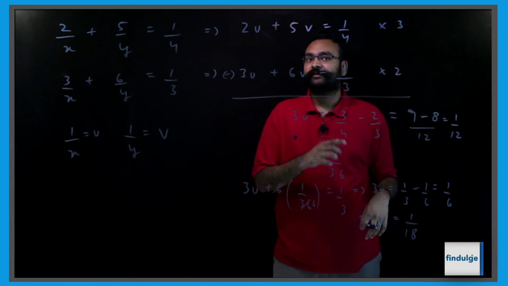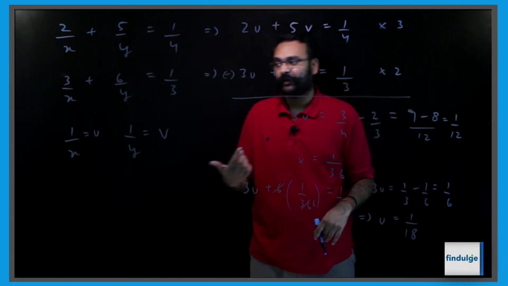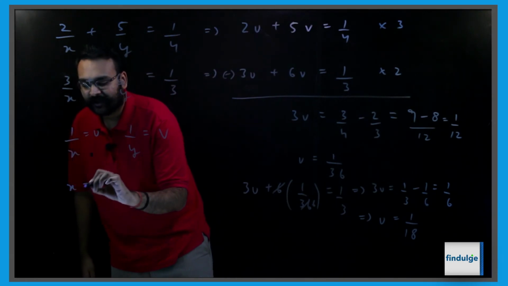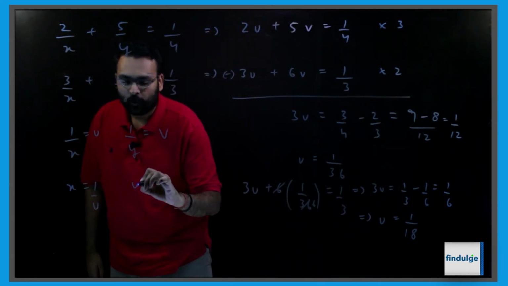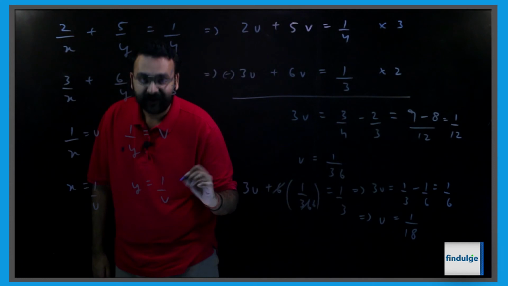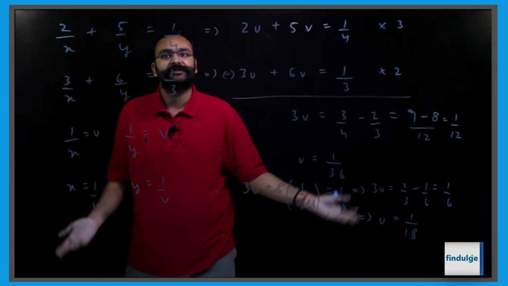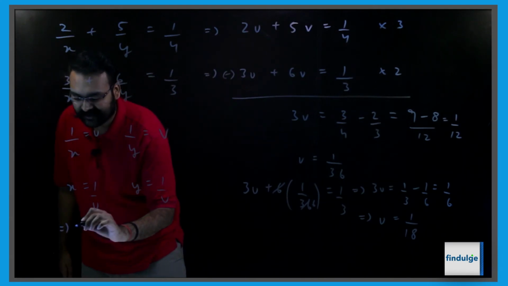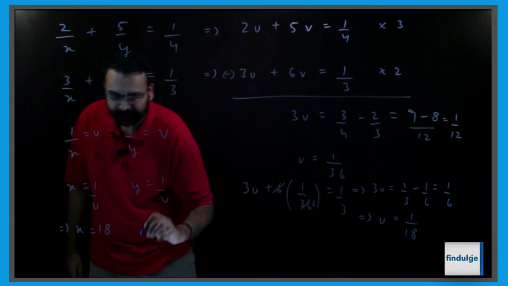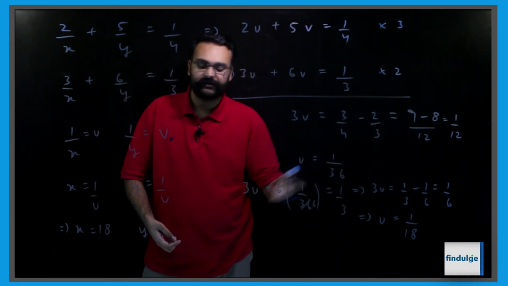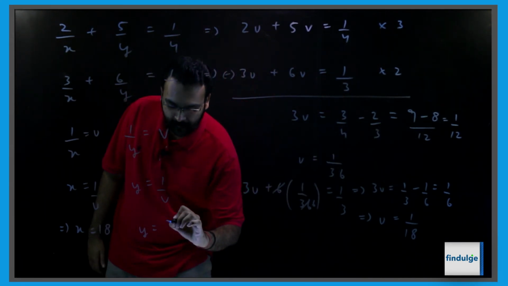And the good thing about this question as opposed to the previous one is we can actually get x and y directly. x is 1 by u, y is 1 by v, which means if u is 1 by 18, 1 by u is just 18. So x is 18 and y, if v is 1 by 36, y will be 36.